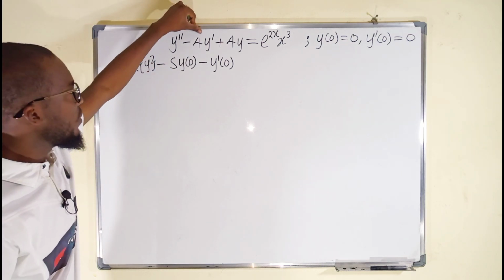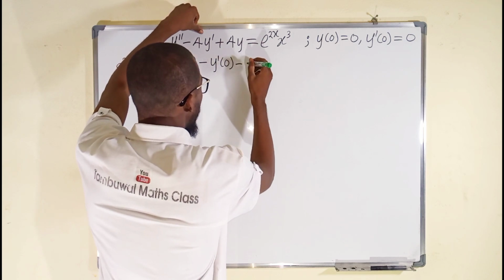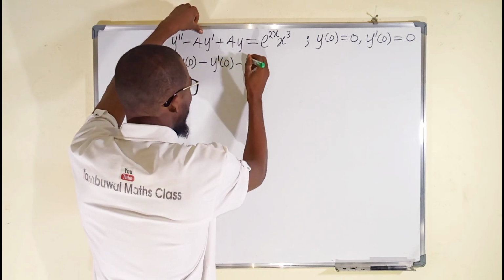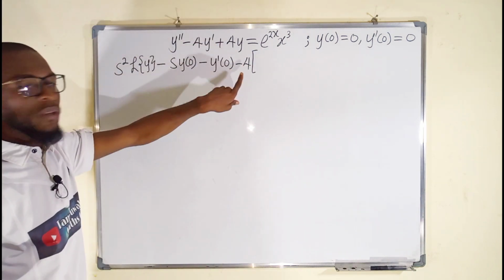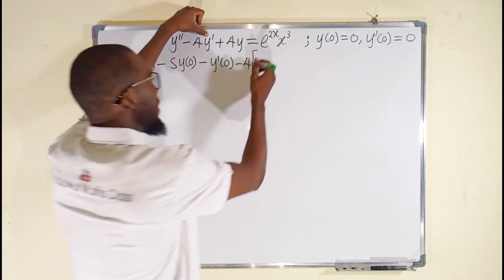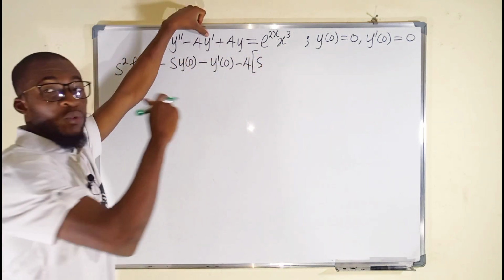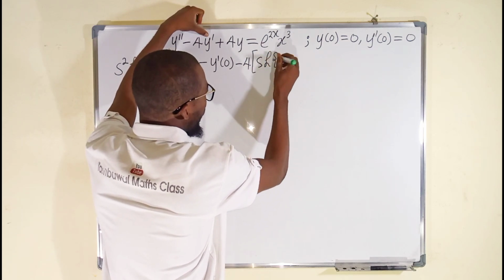Then we move on to the second term here. Let us factor out negative 4. Then we take the Laplace transform of y prime. The Laplace transform of y prime will be s, because the order is 1, multiplied by the Laplace transform of y.